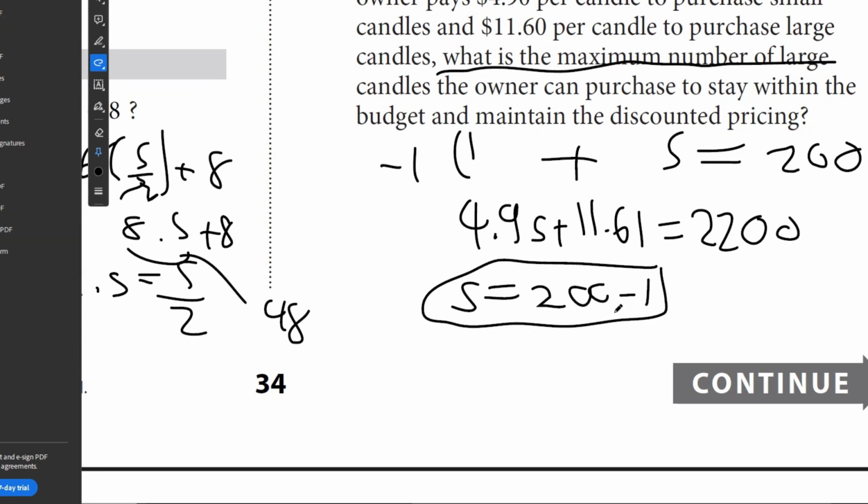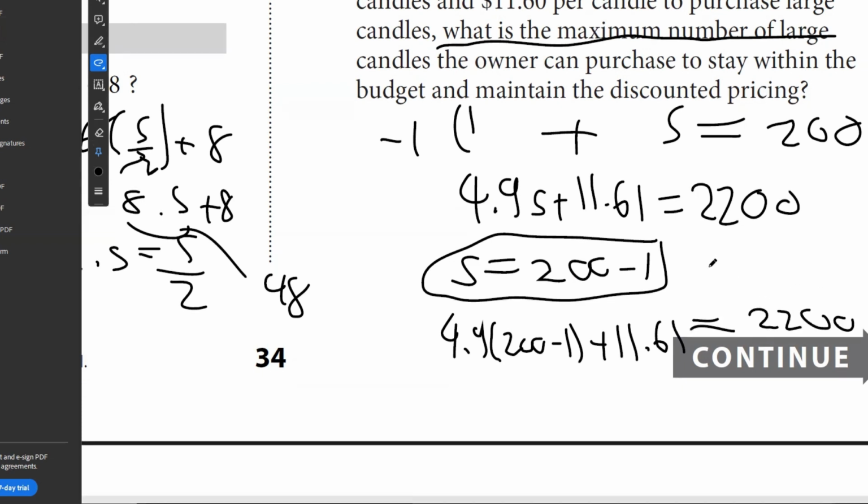So let's write this wherever we see S. 4.9 times 200 minus L plus 11.6 L equals 2,200. I'm going to distribute this 4.9 inside. 4.9 times 200 is equal to 980, minus 4.9 L plus 11.6 L equals 2,200.